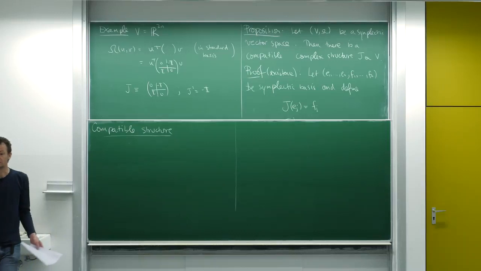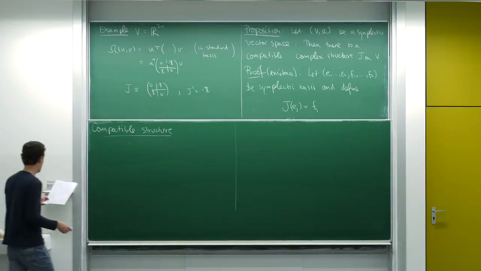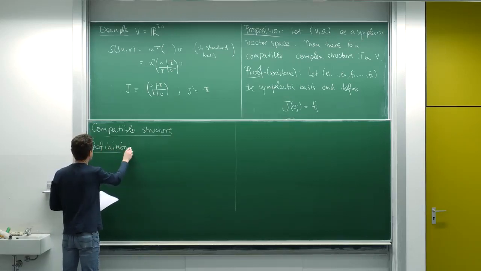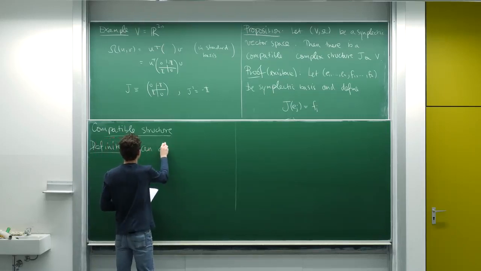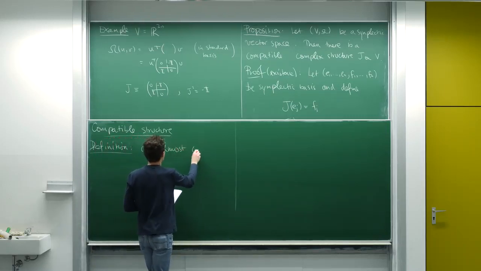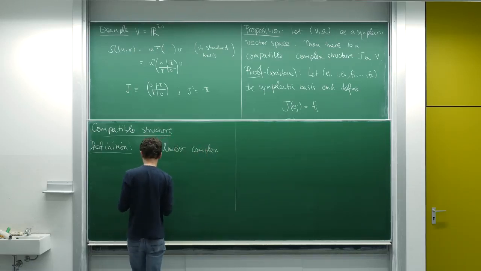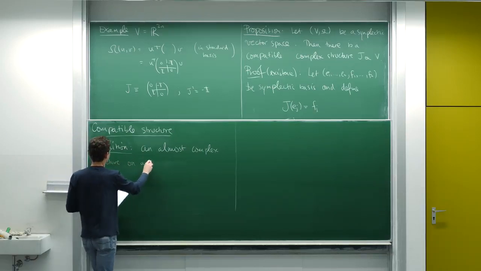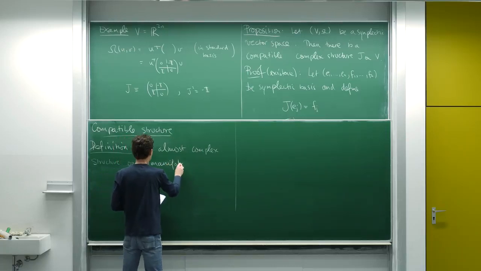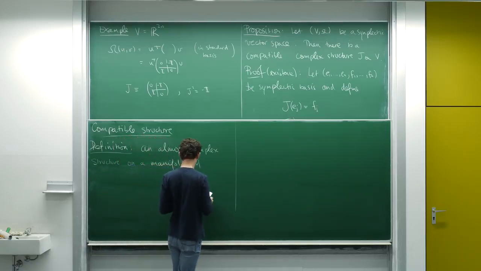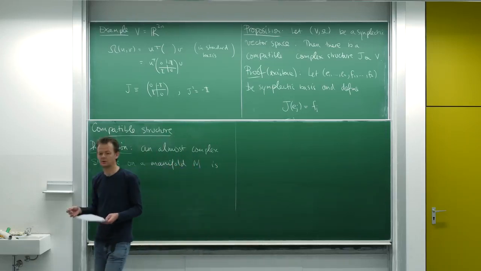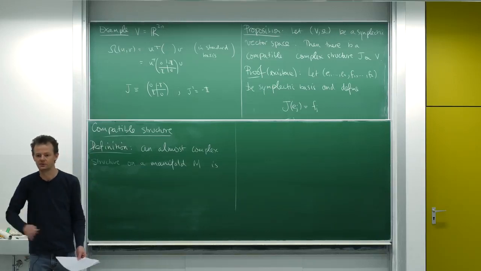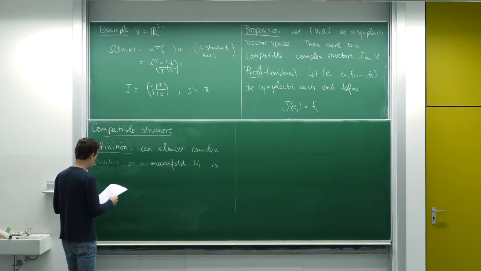Let's extend this definition now to apply to manifolds, so everywhere on a manifold. And the way we're going to do it is we extend the definition we just made on vector spaces to work on tangent space, but for all tangent spaces. And then you have just an additional requirement that things are smooth.